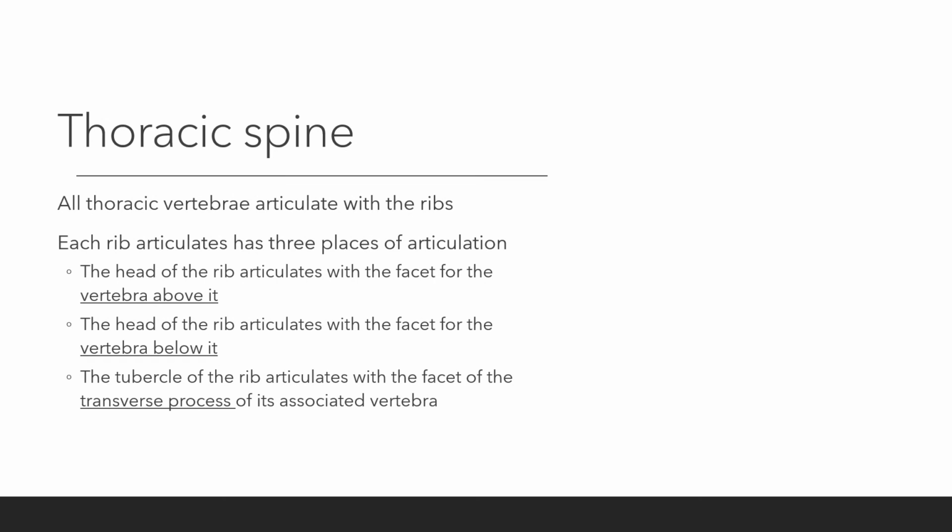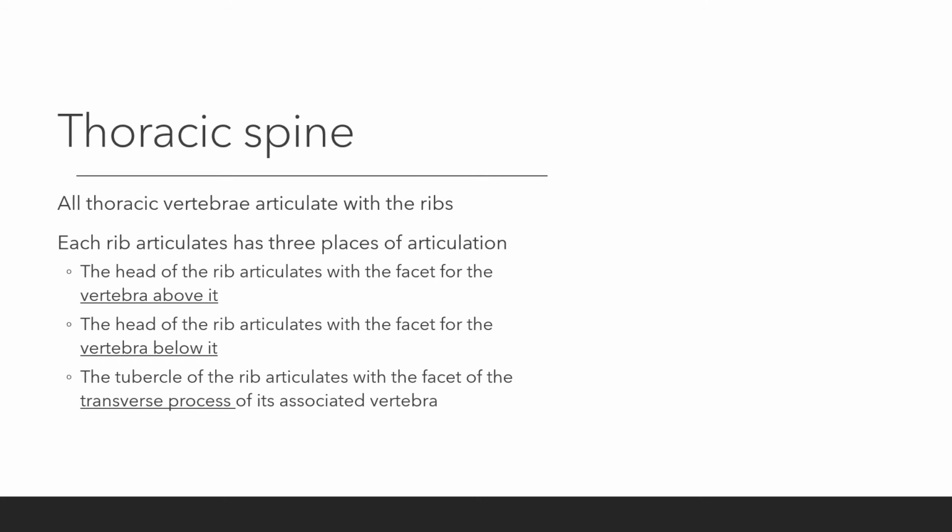Let's look at the thoracic spine. All thoracic vertebrae articulate with the ribs, and each rib articulates with the thoracic vertebrae in 3 different places. Each rib articulates with the thoracic vertebra above it and the thoracic vertebra below it.